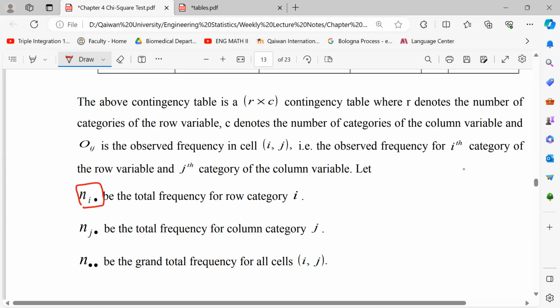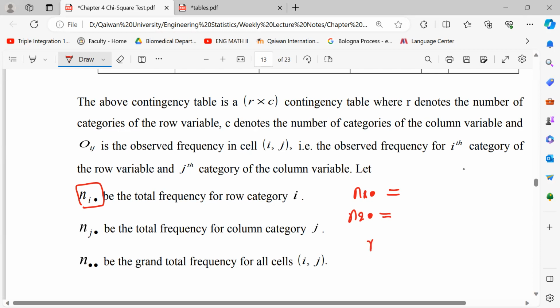For example, n1 dot, with only the 1 and a dot written here, means the sum of all elements in row 1. How about n2 dot? It is the sum of all elements in row 2, and so forth.